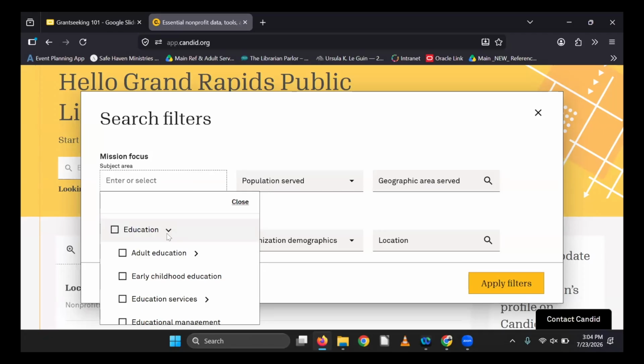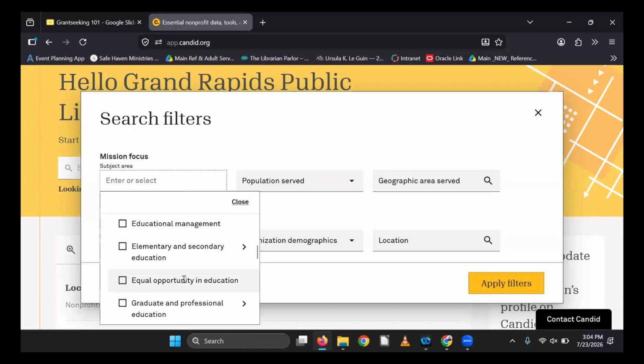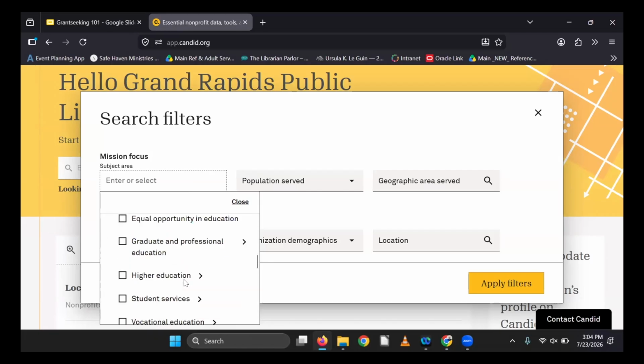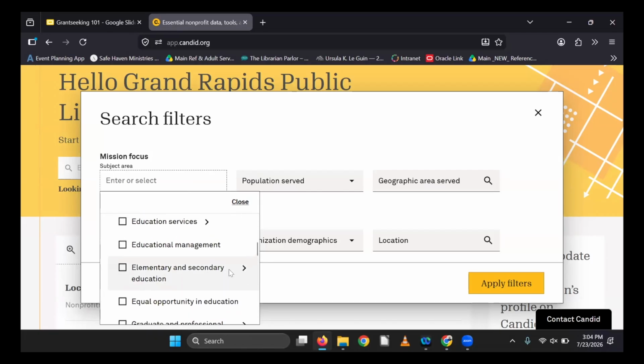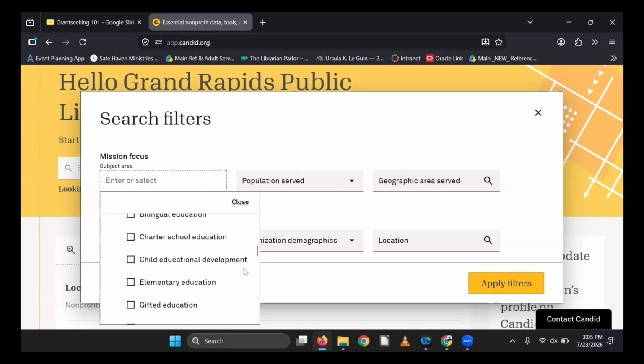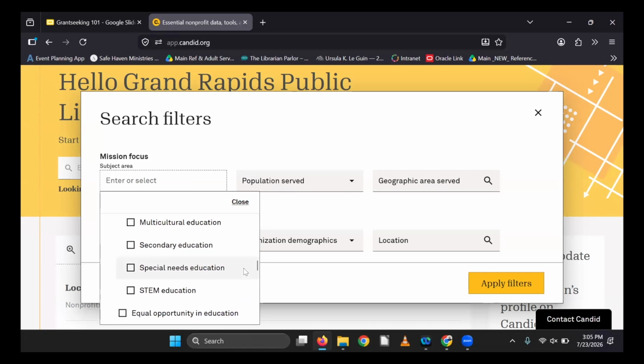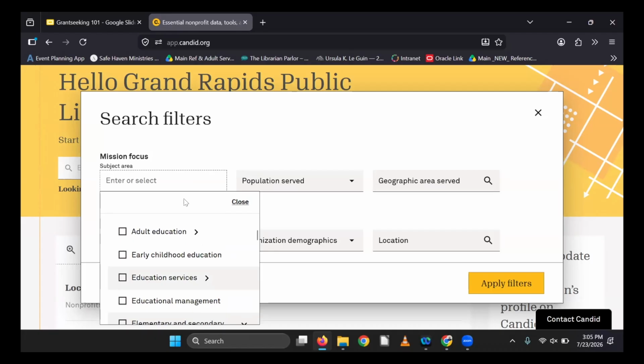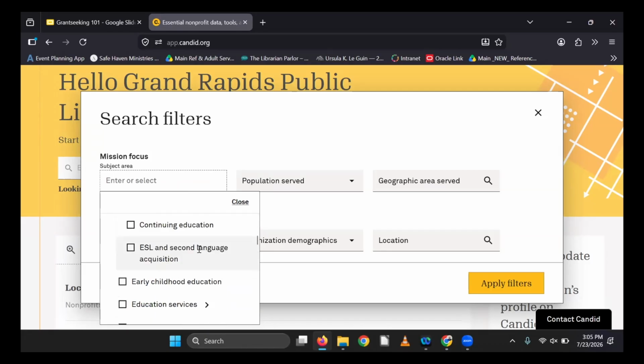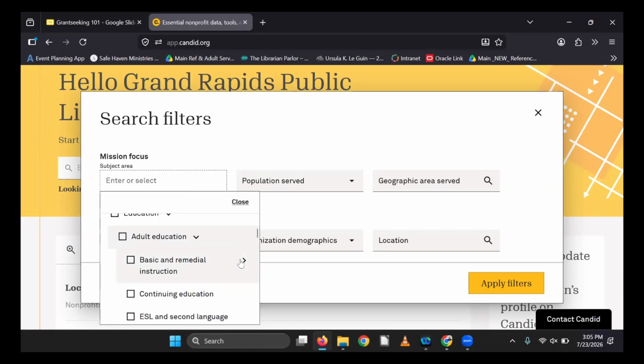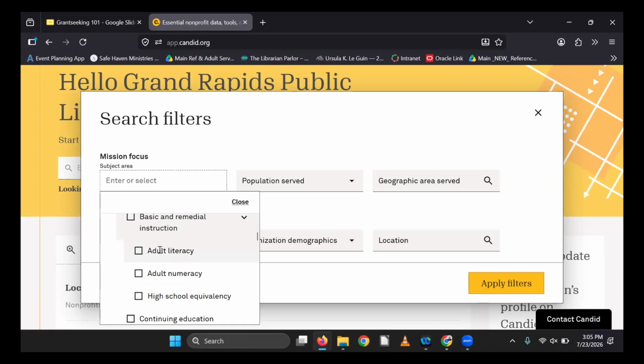So earlier when we were talking about different literacies, one of the things that we were talking about was adult literacy.